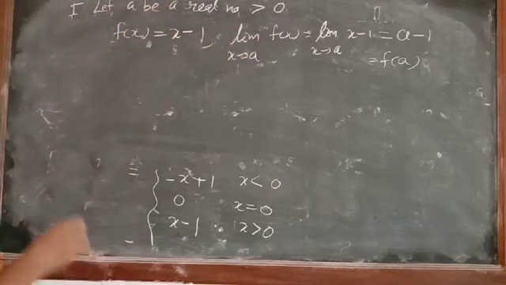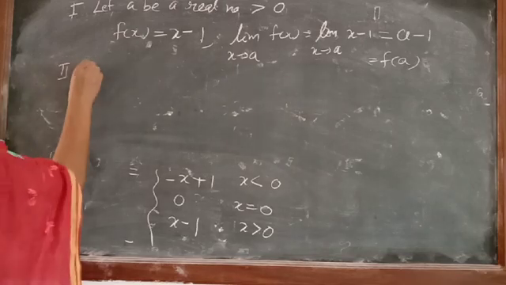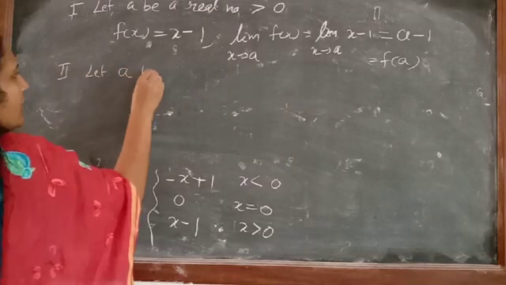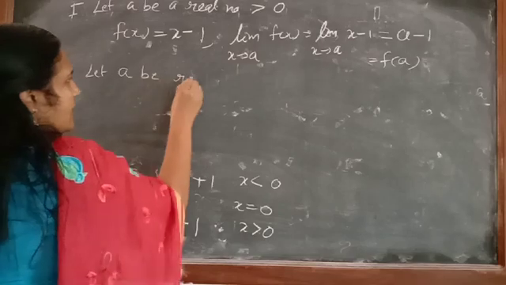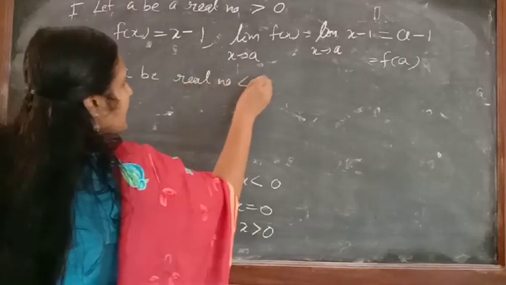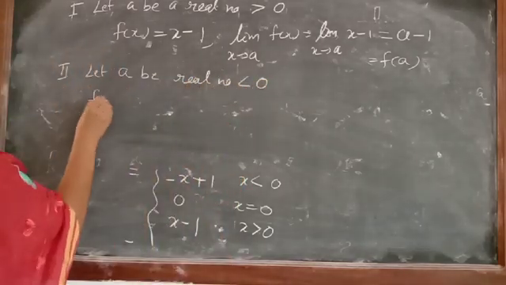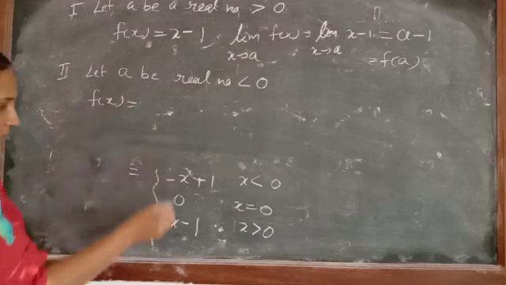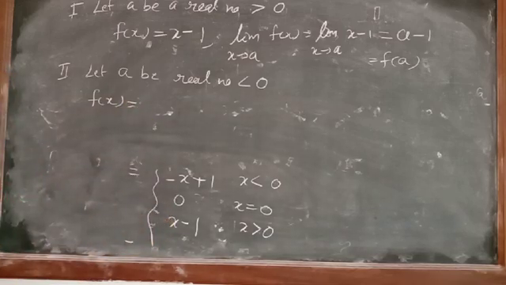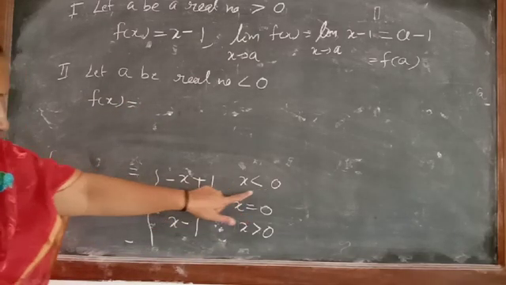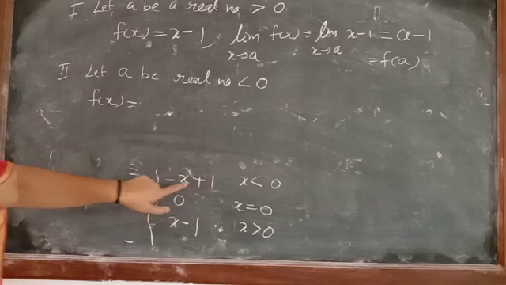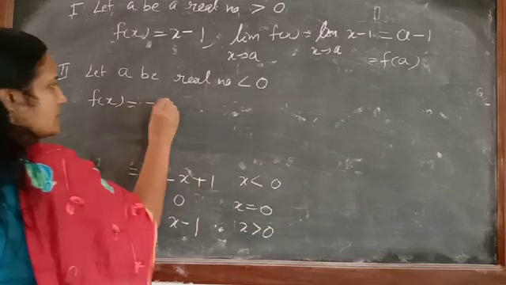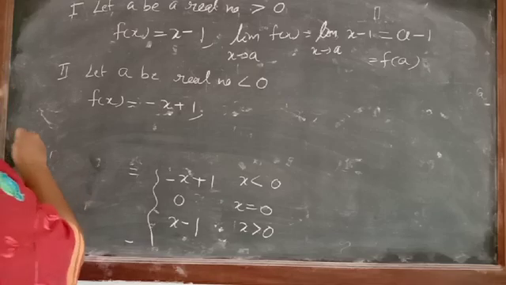In the same way we will check for the second case. Let a be a real number less than 0. Then out of these three functions, which one will we take? If it is less than 0, our function is minus x plus 1.